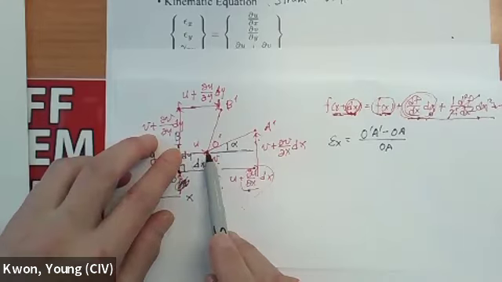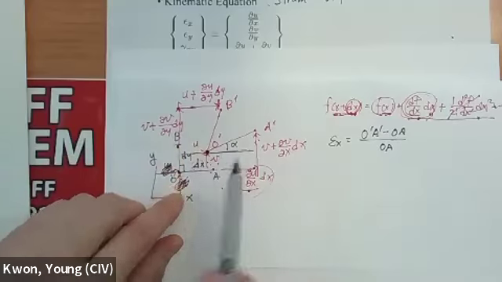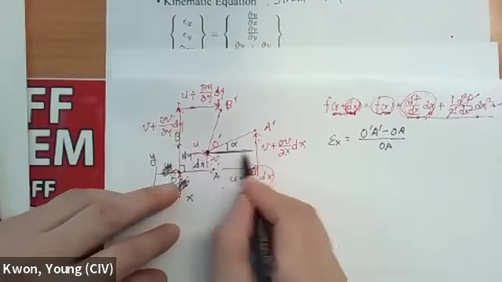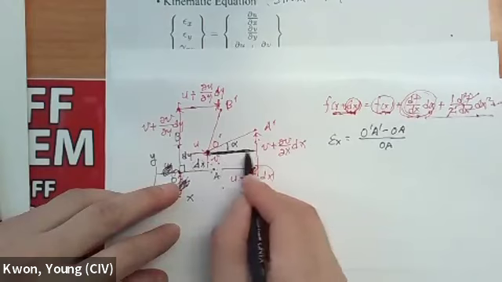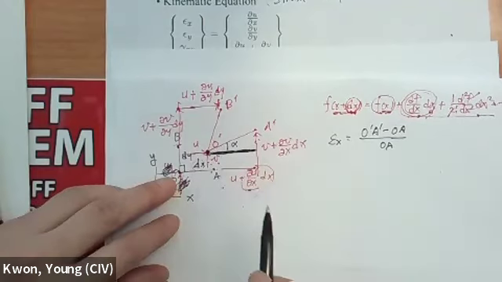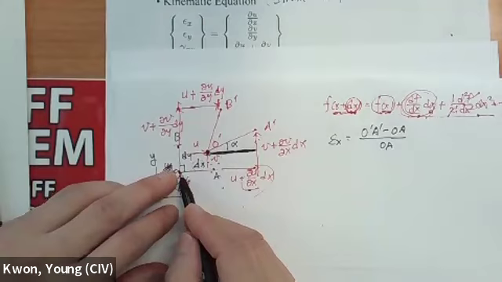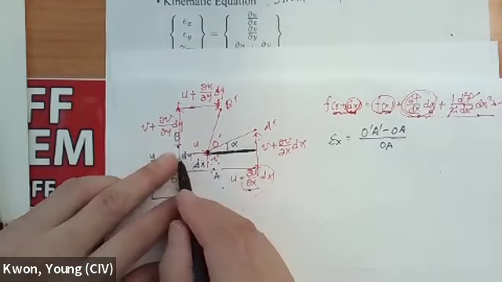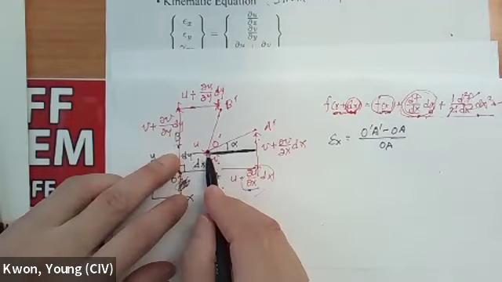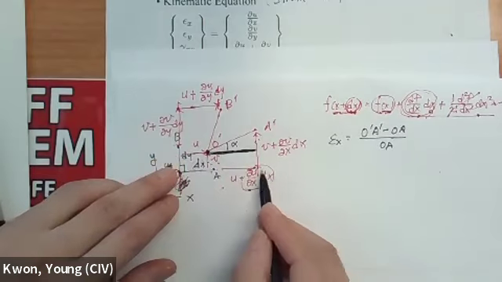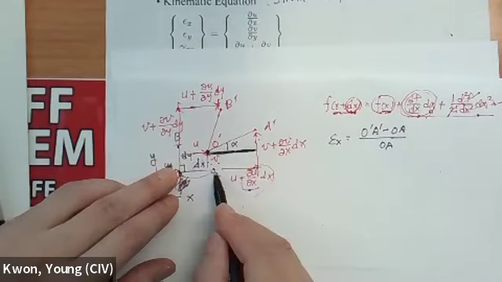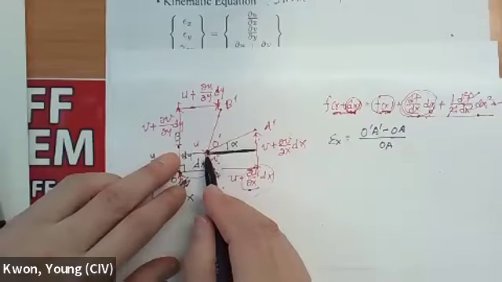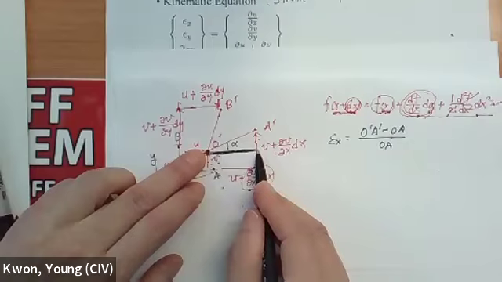Do you follow me? I'm looking for this thick distance. So to find it, from here to here minus here to here. From here to here is this plus this, and minus u is this distance. Do you follow me?